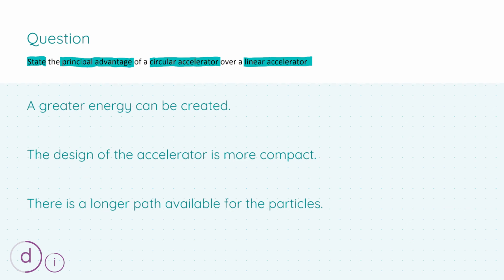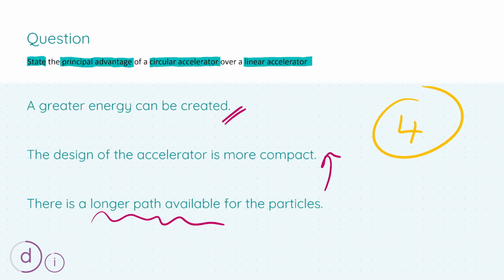Now, the infinitely long path which is available for the particles, as I expressed in the third point, this is created by making the particles go round in circles, and this allows us to have this compact design as we saw in our second point, and therefore it gives the particles such large amounts of energy. Writing any of these 3 down will get you 4 marks.